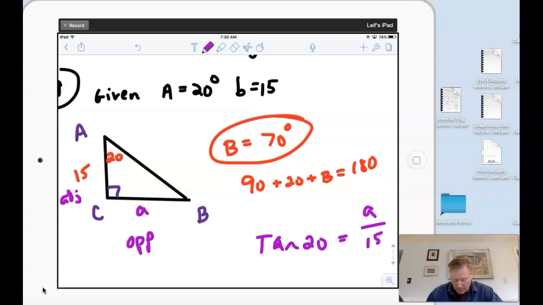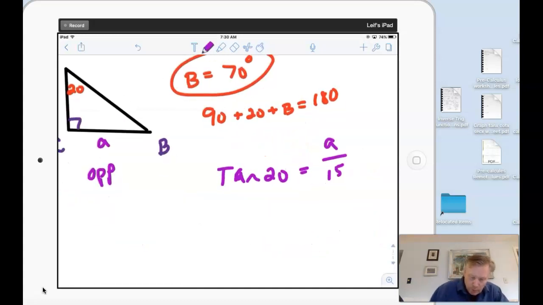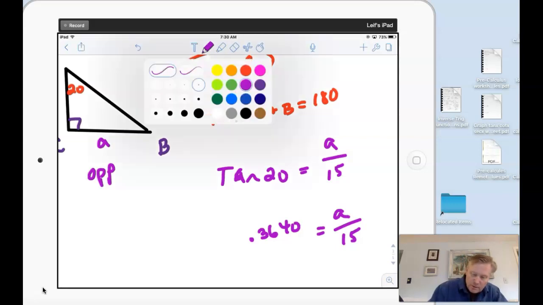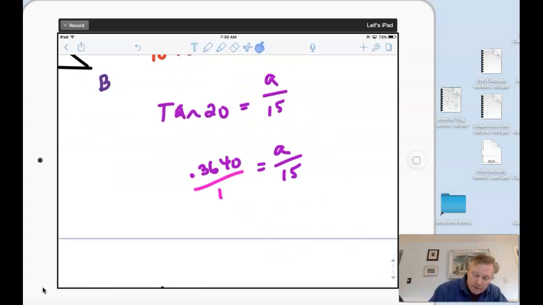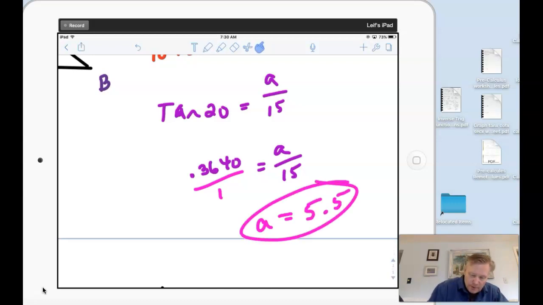If I take the tangent of 20 degrees, I get 0.3640 if I round off, equals a over 15. And remember, the easiest way to do these is to put something over 1, cross multiply and solve, and you'll get a equals, if I multiply that 0.36 number times 15, 5.5. And there's one of my answers.